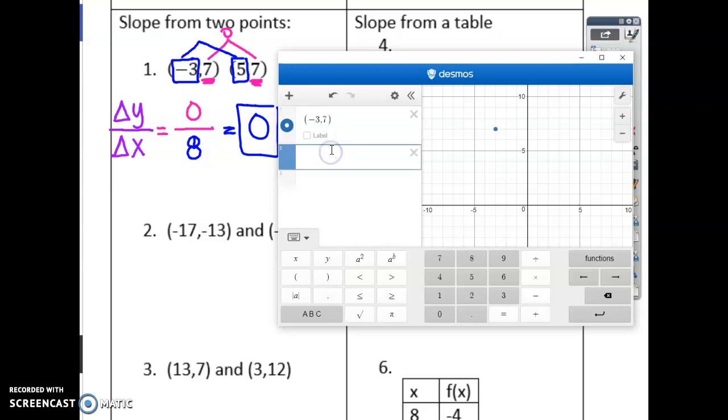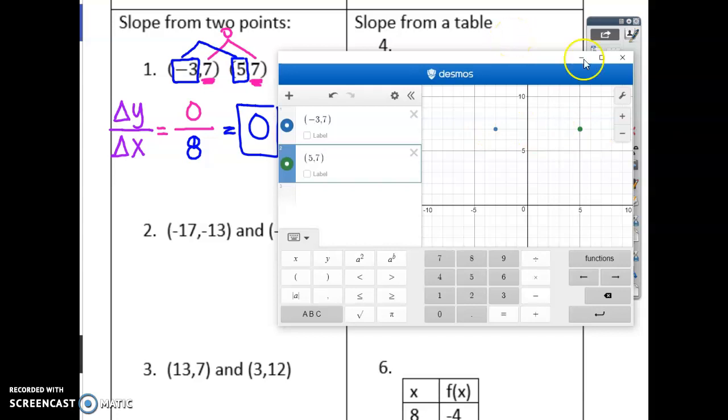And then my second point is parentheses 5, 7. Look at those 2 points, right? If I draw a line, that's a horizontal line, so my slope is, what's the slope for this one? 0. Okay, that's how you can check it.